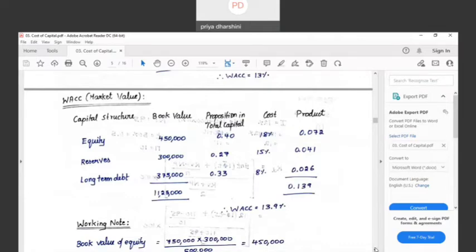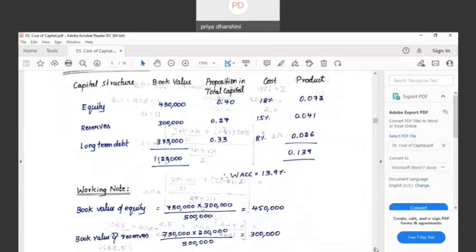So that 7,50,000, I have to split up between how much is capital and how much is reserve, because both have got two different costs of capital. It is not the same 18%. For equity, it is 18%, but for reserves, it is only 15%. So from that 7,50,000, I have to separate how much is capital and how much is reserves.